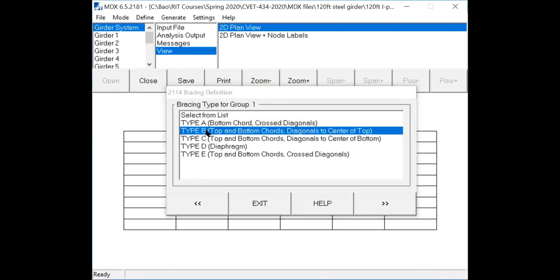The most commonly used is this type B, which is top and bottom chord and diagonals to the center top, just like a truss. So I have top and bottom chord and two diagonals, and these two diagonals meet at the center of top. It's also called K bracing or Sharon's bracing. I choose type B for our example.